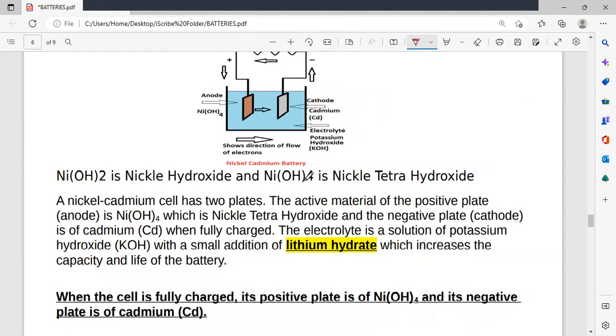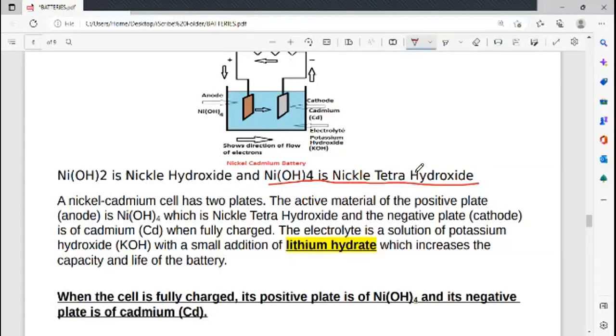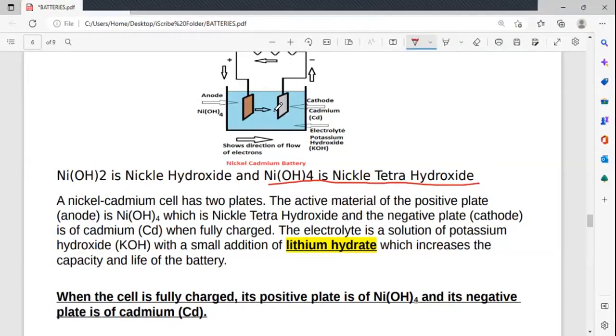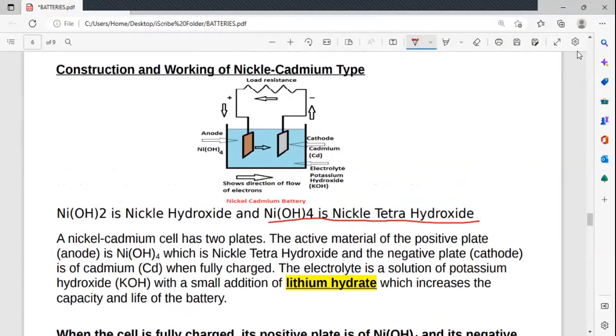NiOH4. NiOH4 is nickel tetrahydroxide. And the negative plate, the cathode, is plain cadmium. So nickel tetrahydroxide is the positive electrode, cadmium being the negative electrode or cathode.